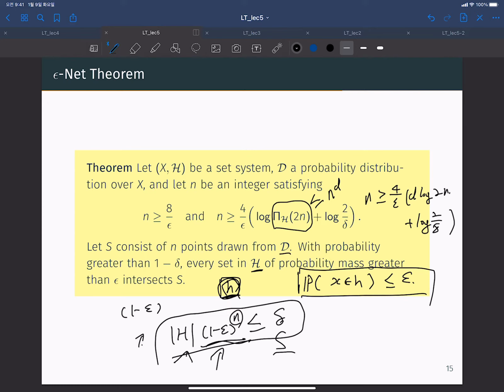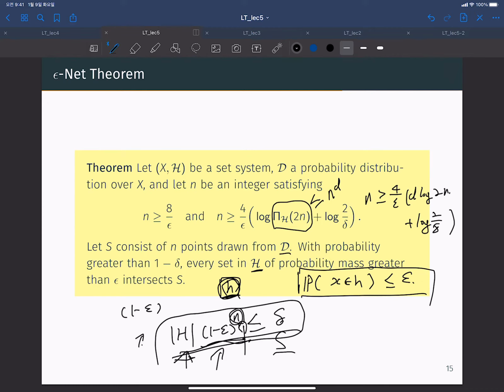But here H could be infinite, right? And with infinity, we need an infinite number of samples to guarantee this inequality. That's why we have to introduce VC dimension to understand the behavior of infinitely many hypotheses in our class.